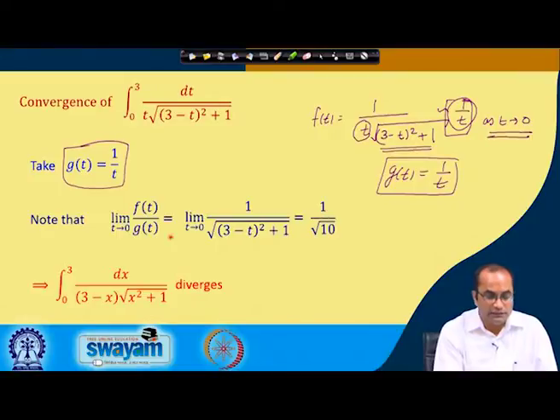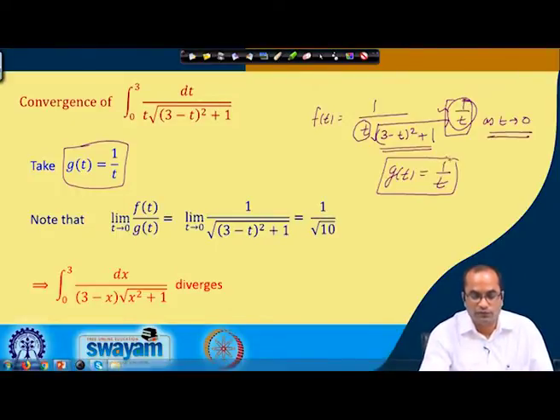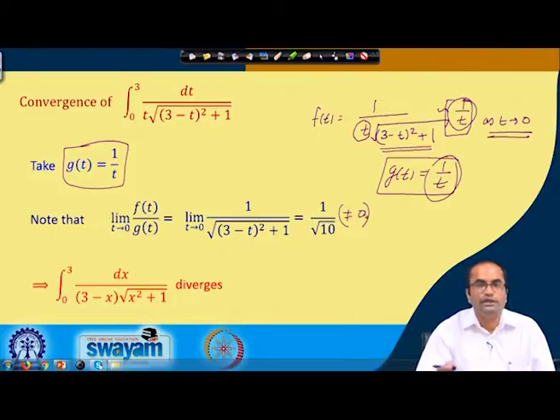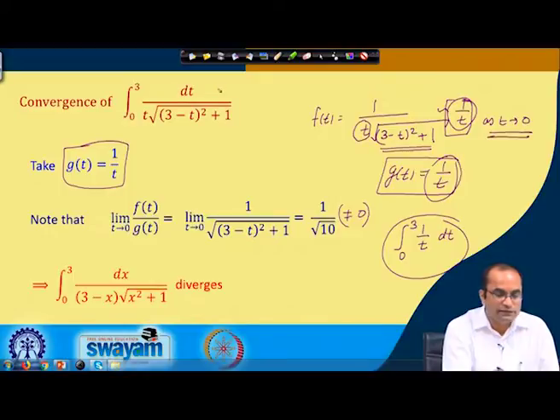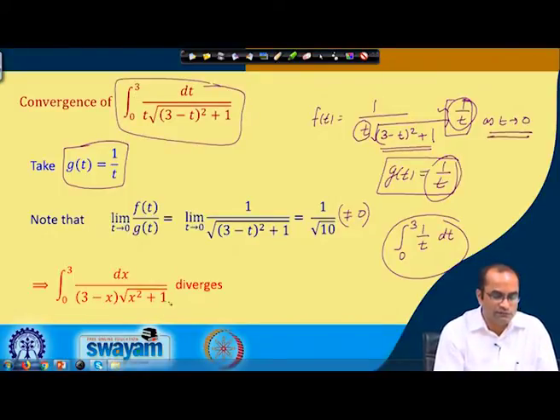This is because we compare it with the integral of g(t), and the test says that when the limit is a non-zero number, then both integrals behave the same way. One is the integral from 0 to 3 of 1 over t dt, and the other is the integral we are testing for convergence, originally in the form of x.